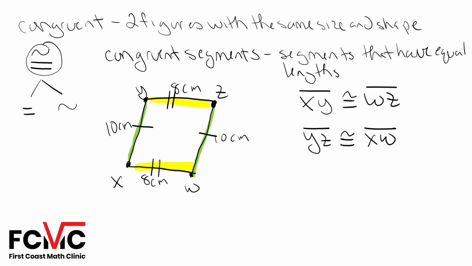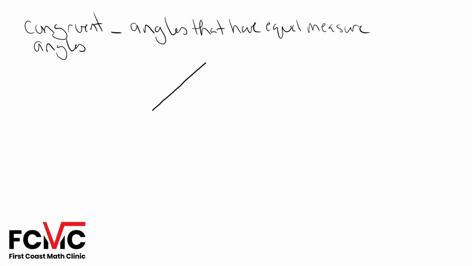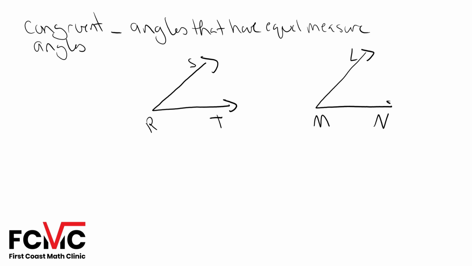Now let's look at congruent angles. Congruent angles have equal measure. I'm going to draw 2 angles. This will be angle SRT, and this will be angle LMN. Let's say that each are 40 degrees and 40 degrees. So we have a pair of congruent angles here.